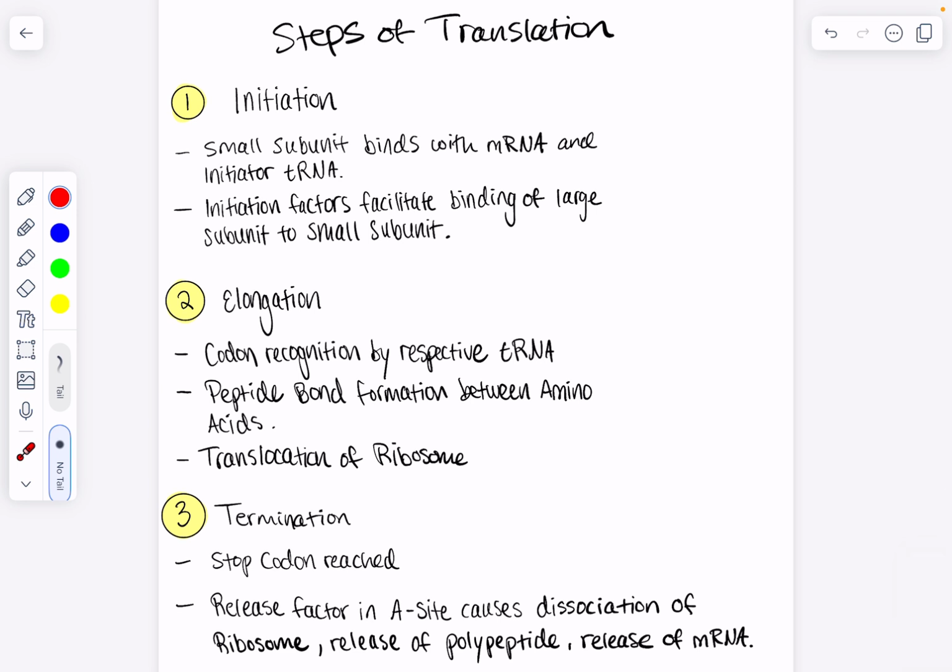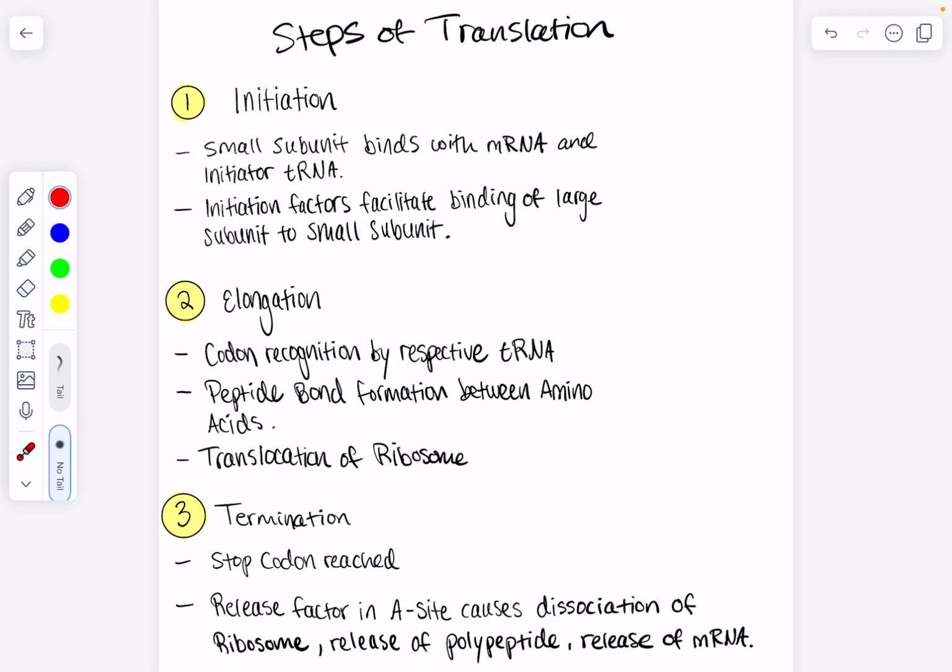Actually, they have the same name as the 3 steps of transcription, but we want to remember that translation and transcription are different. So the first step of translation is called initiation, and this is when the small subunit of the ribosome is going to bind with the mRNA and the initiator tRNA, which is going to hold methionine. Also, the initiation factors are going to facilitate the binding of the large subunit to the small subunit.